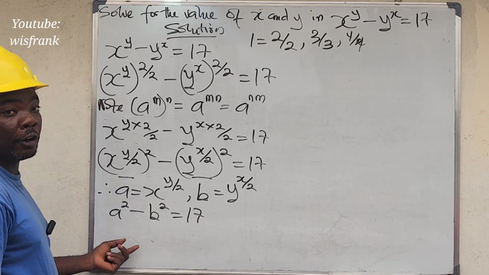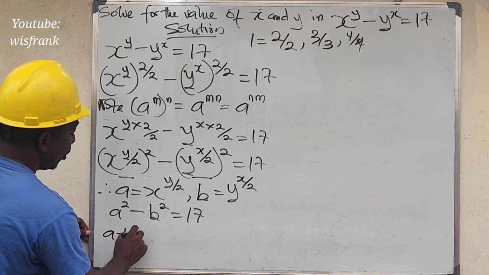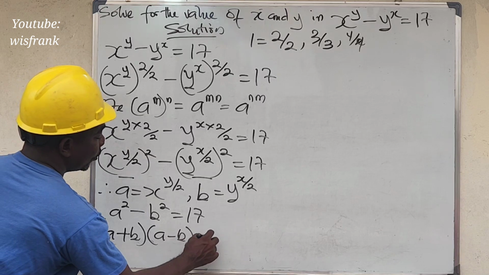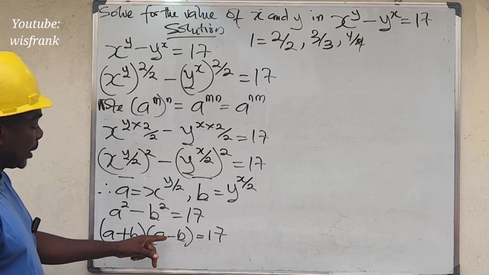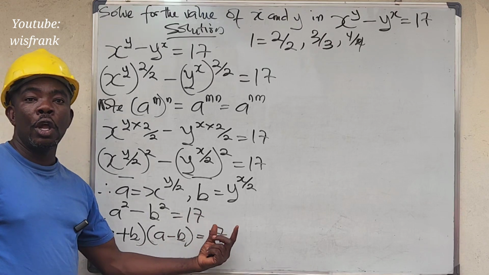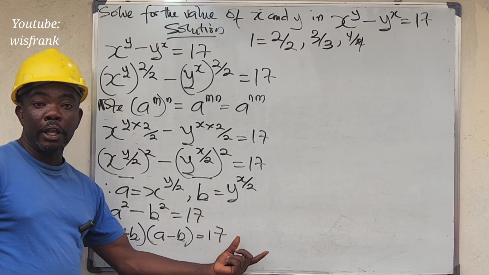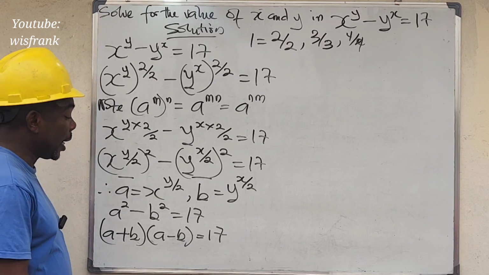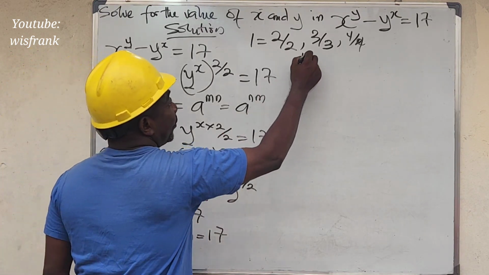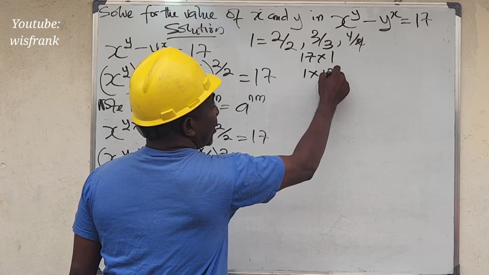In this case, difference of two squares, we all know that it is in the form a plus b into a minus b equals 17. We can see that we have two parentheses there. It is either the first parenthesis equals one factor of 17 and the second parenthesis equals the other factor of 17. And you see that the factors of 17 can be written as 17 times 1, or 1 times 17.